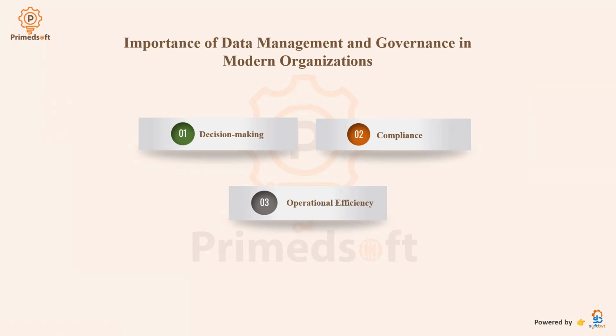Different companies or different economies have their own data protection rules. So with the increase in the complexity of data privacy regulations, data governance ensures organizations adhere to legal requirements, minimizing risk associated with non-compliance.